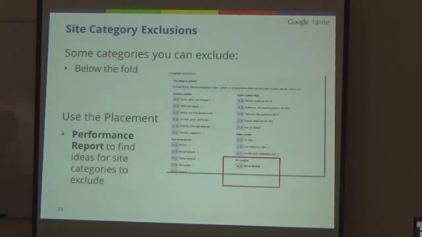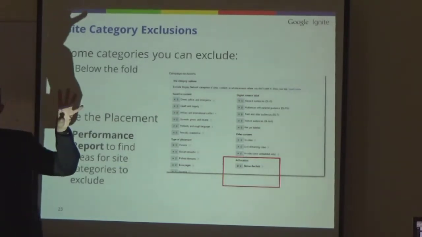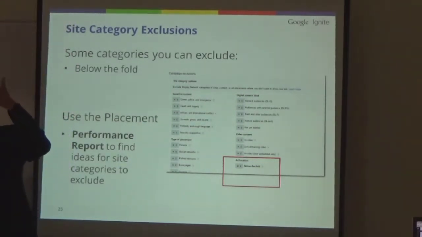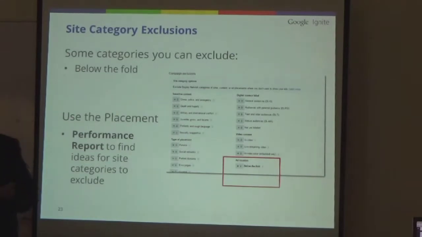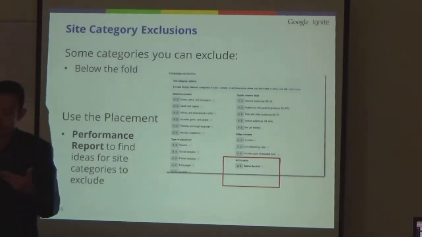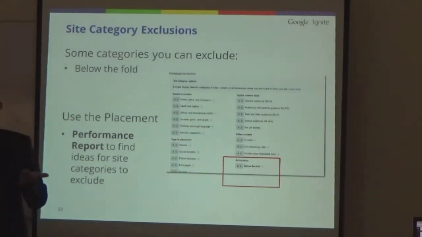Yes, you use the search term report to identify opportunities. These are words that trigger an impression, yes. So you can use that search term report to find new keyword opportunities or make them a negative keyword. Now, in GDN, it has this feature called site category exclusion.